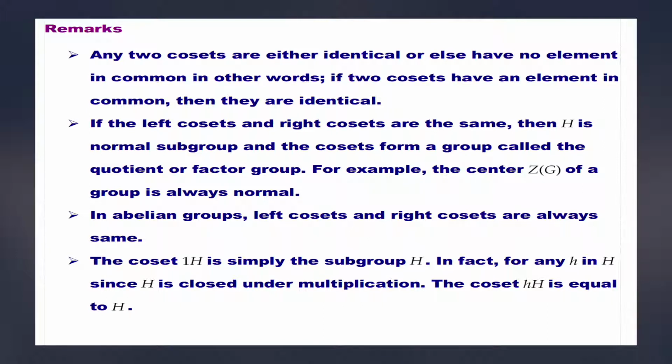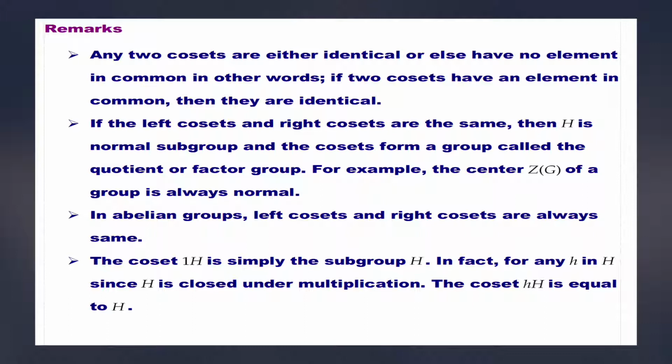If the left cosets and right cosets are the same, then H is a normal subgroup and the cosets form a group called the quotient or factor group. For example, the center Z(G) of a group is always normal.